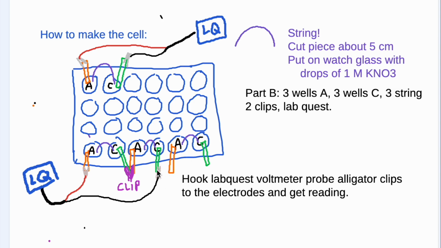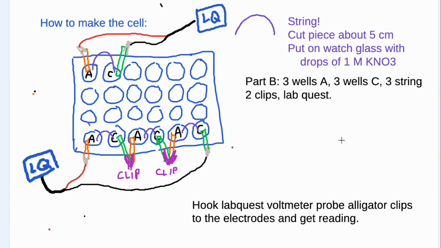And then we'll go ahead and unhook this one and have 3 in series. All right, so here we have 3 in series. So instead of the 4th well having a piece of metal where you've hooked up the LabQuest clip, instead clip that with a separate clip, one that's not connected to the LabQuest. We're going to clip the pieces of metal between C and A together here.